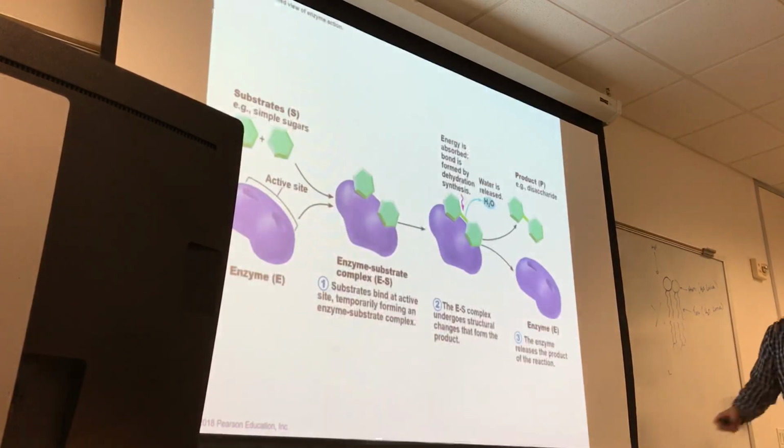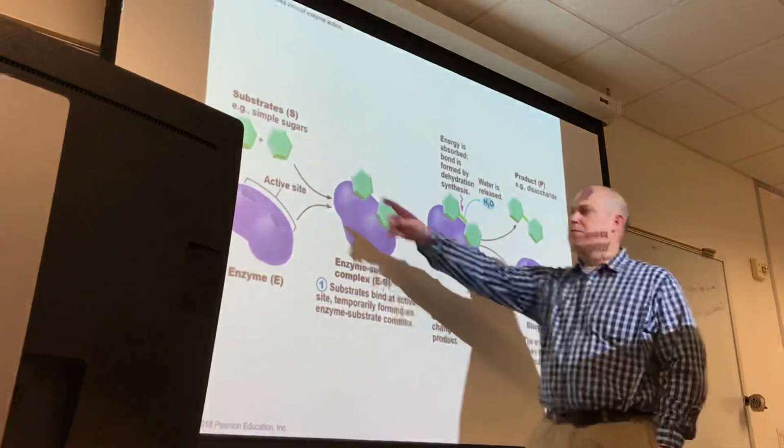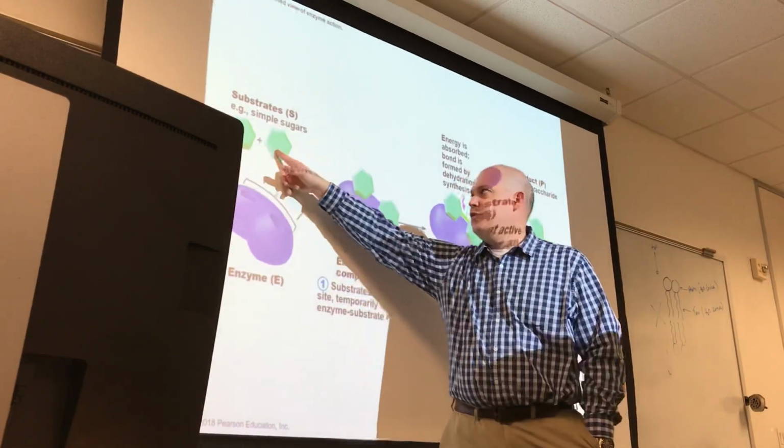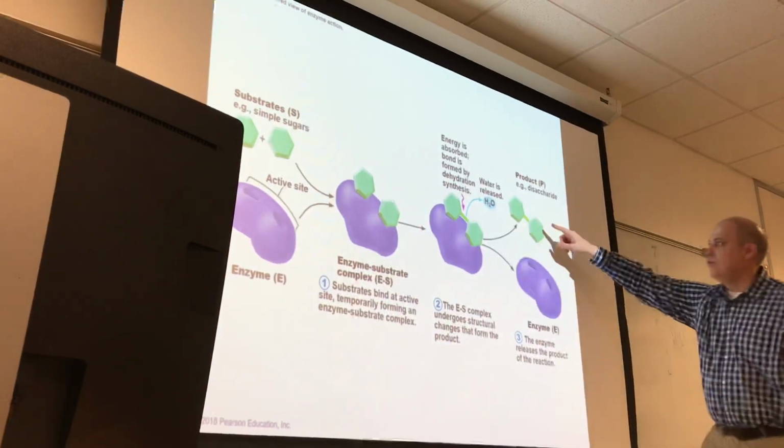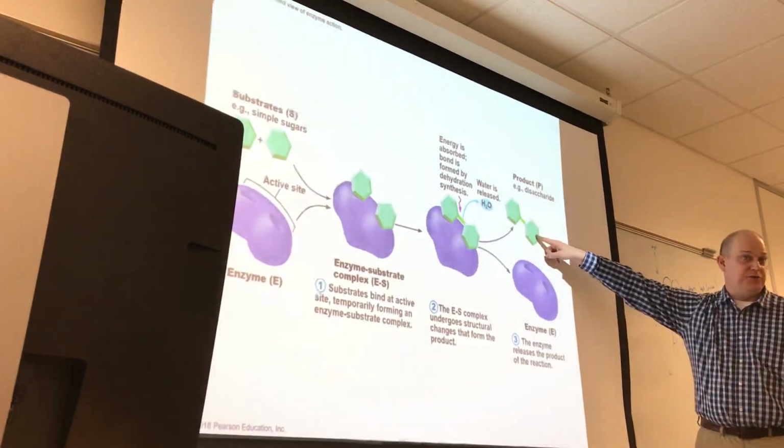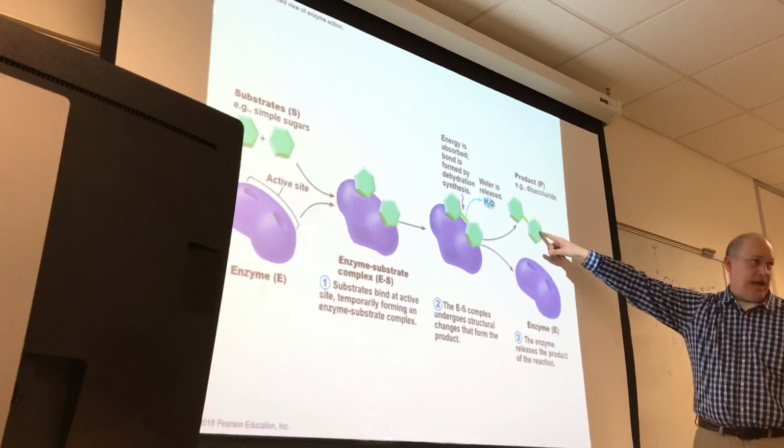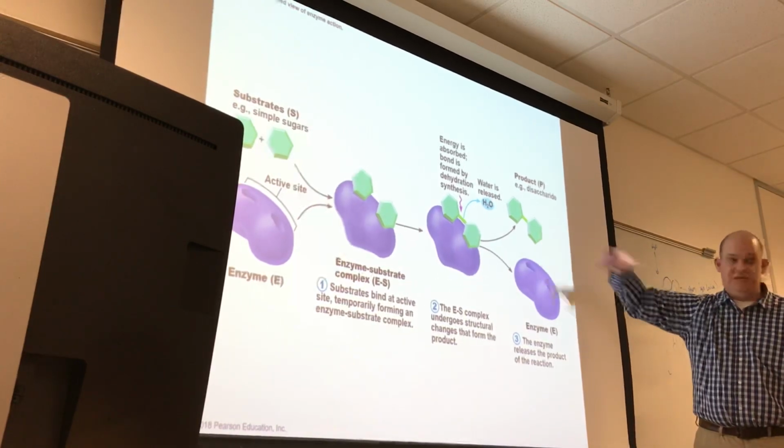So a good example of an enzyme creating some reaction: the purple bean-looking structure would be our enzyme. And here we have two simple sugars, two monomers or monosaccharides, that we want to link together. This can happen on its own, but it would take so much time.